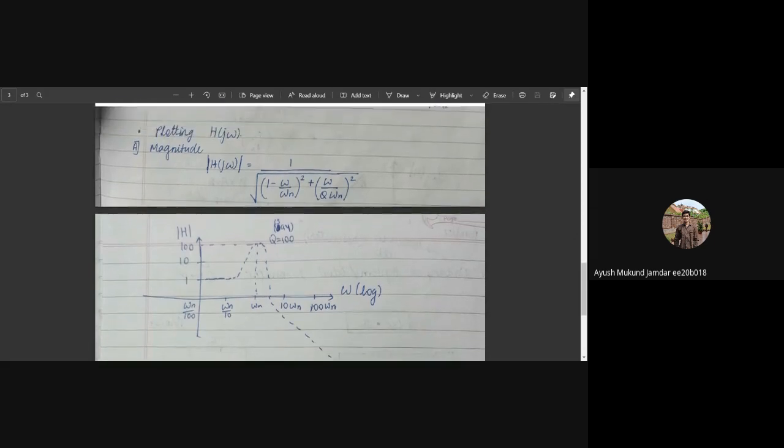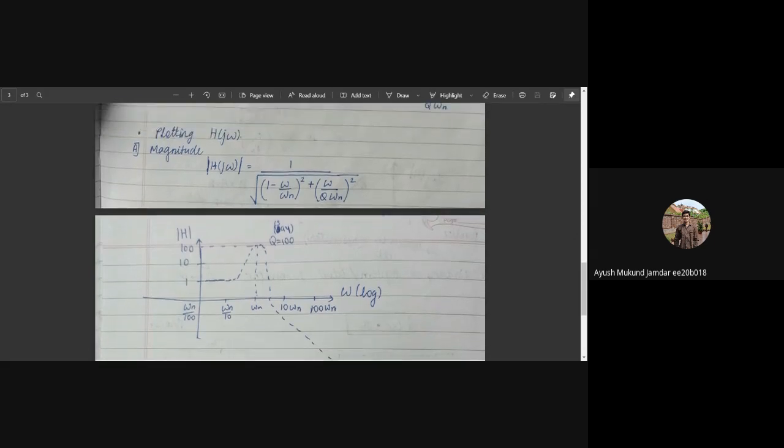Coming to the Bode plots, here you can see that if Q, the quality factor, is 100, this is the kind of plot you would get for the magnitude, where omega is plotted on a log scale. And if Q is managed such that it comes to be near about 1, not very much larger than 1, then this circuit can be used as a low pass filter.